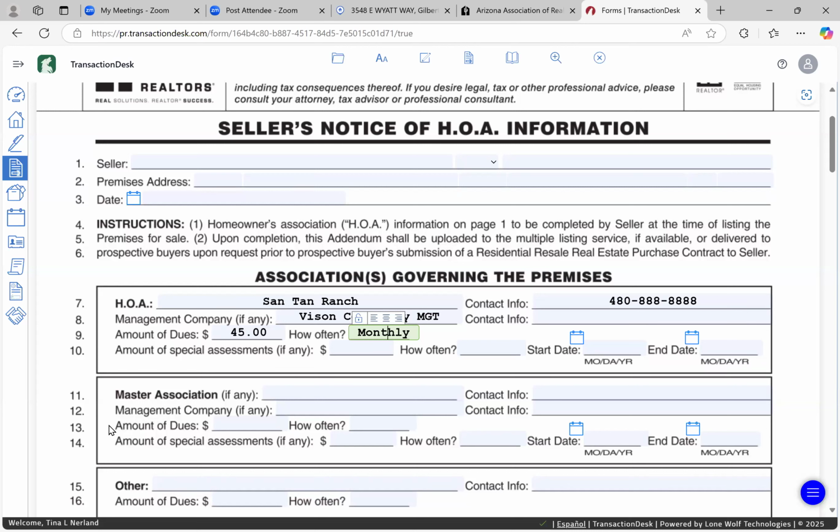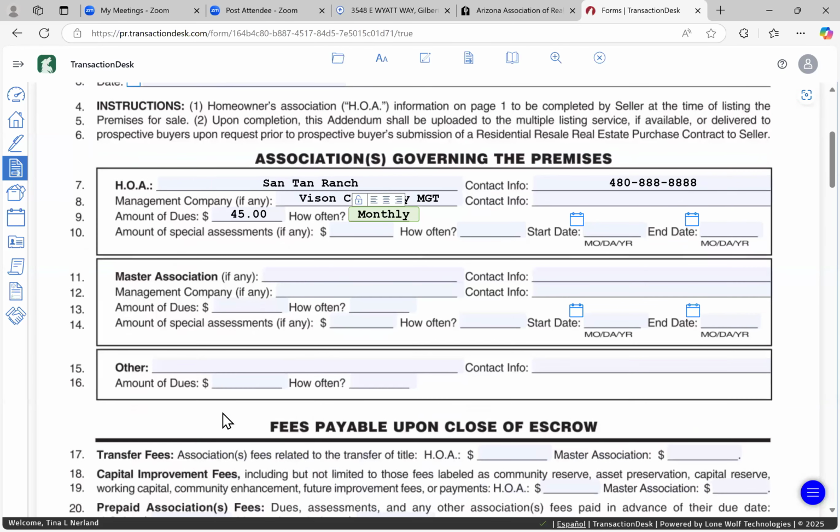They might have a master association that governs over the HOA. A common area of town that has a master association might be Eastmark. They've got 2 HOAs. So again, the seller's going to contact the HOA company or management company to get all this information. If any of this applies, they just need to make sure it's filled out.